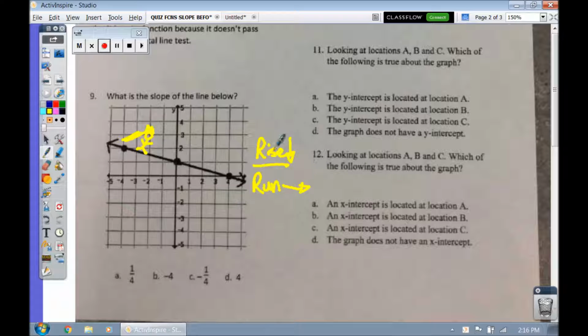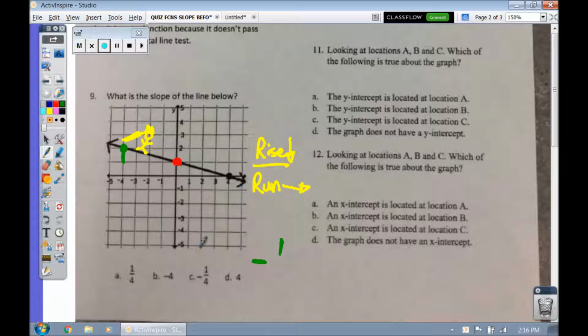And so let's see how we do that from this point here in green to this point here in red. So if I'm at this green point, I'm going to go down 1. Well, since you're going down, we know our answer is going to be a negative number. So it's a negative slope. Remember, nice, negative, dude, right?